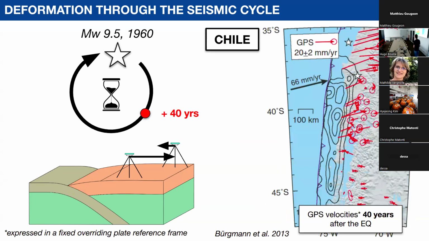You have this example in Chile, 40 years after the Valdivia earthquake, which is today the largest earthquake recorded on Earth. You have a more complex pattern: a landward motion close to the trench, and a seaward motion when you are further inland.